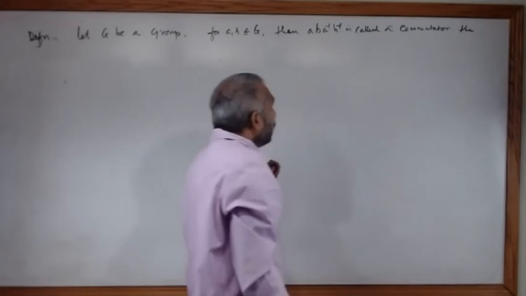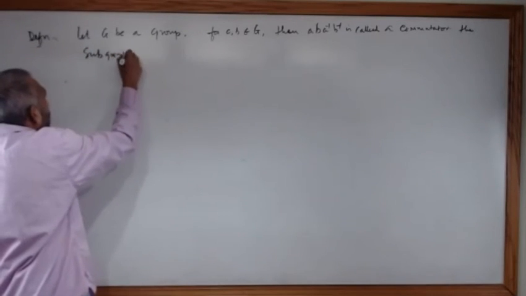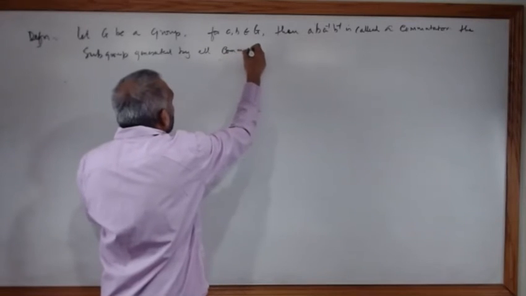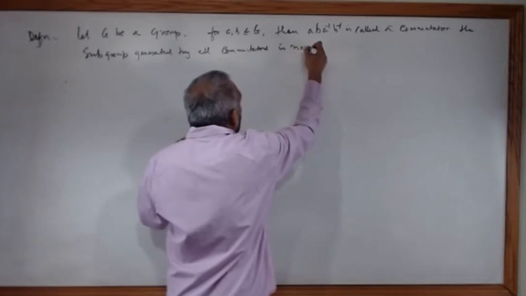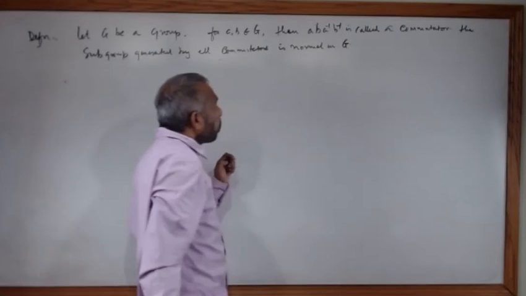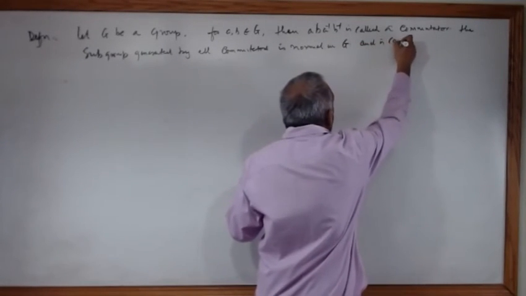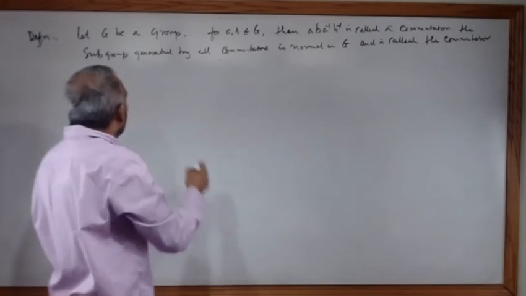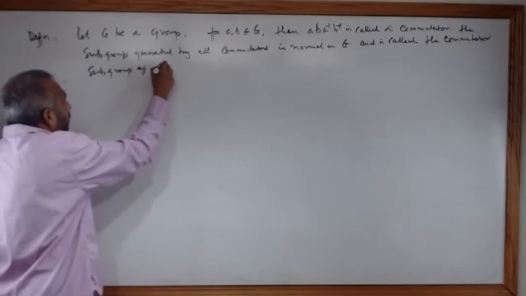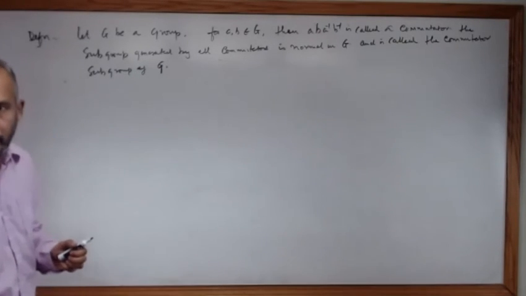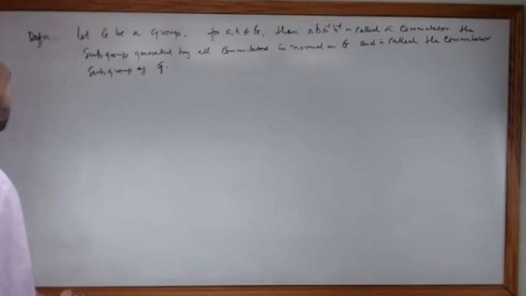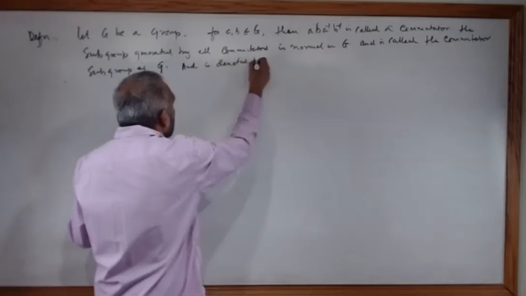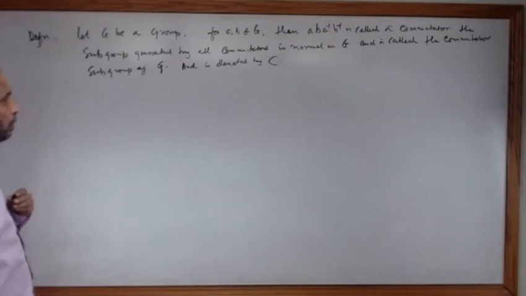The subgroup generated by all commutators is normal in G and is called the commutator group, the commutator subgroup of G. And this is denoted by C. Normally the commutator group is denoted by C.